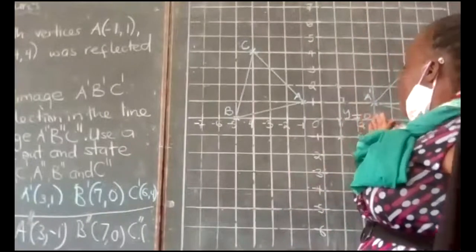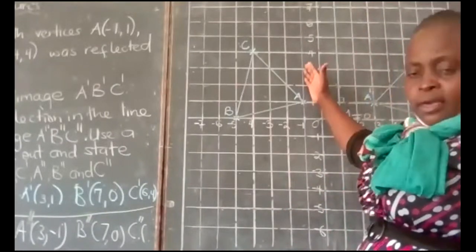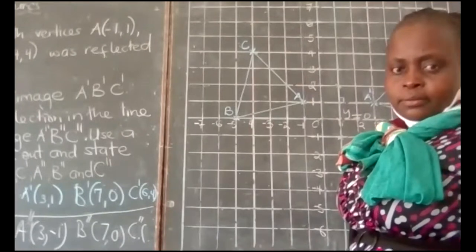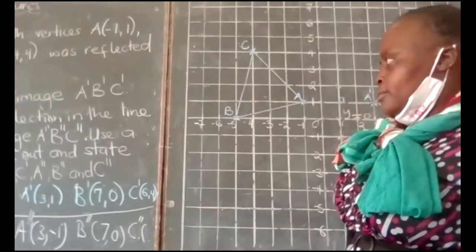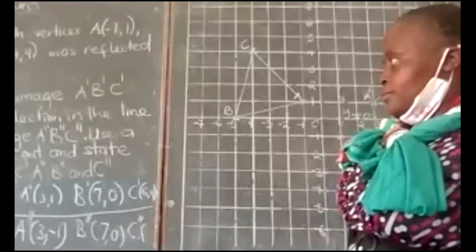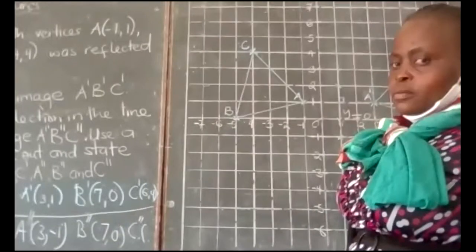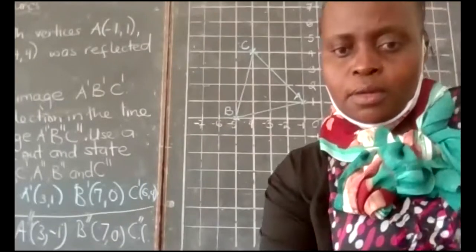That's why we don't have to go back again to x equals 1. In other words, it depends on the instruction of the question. This particular question wanted you to first get the first image, then follow it by another reflection. Any other questions? Is that okay?